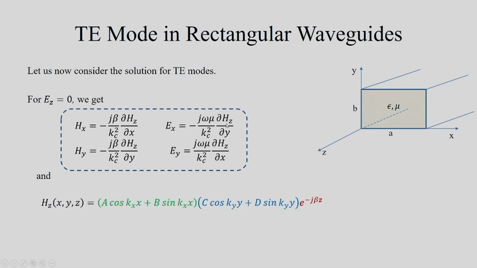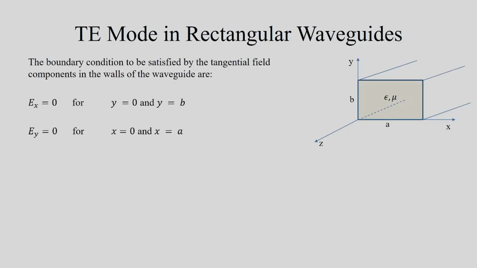We have to write Hz in such a way that the tangential electric field components Ex and Ey satisfy the boundary conditions on the surface of the waveguide, and these boundary conditions can be written as Ex component is 0 for y equal to 0 and y equal to b, and Ey component is 0 for x equal to 0 and x equal to a.